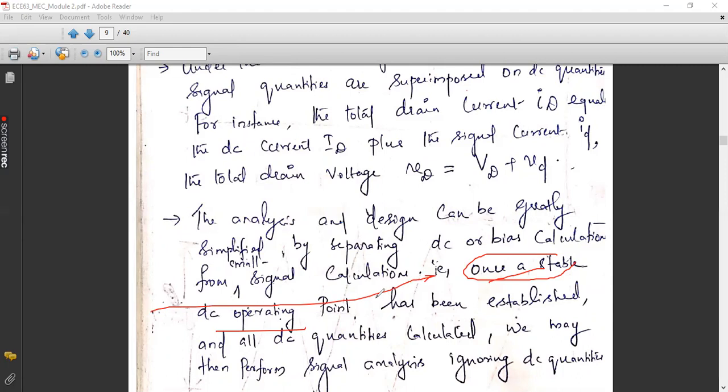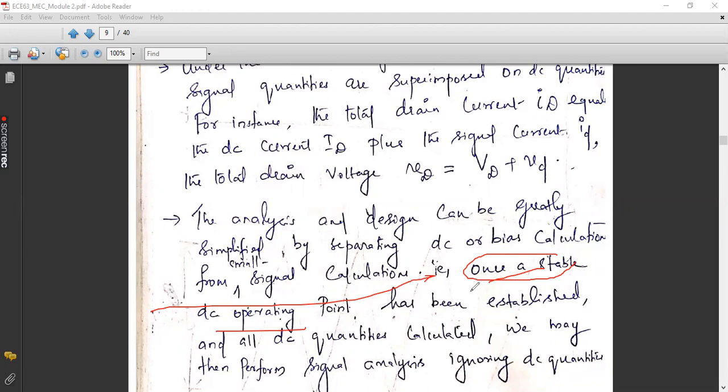So even though this Q point is shifting either towards the triode region or towards the cutoff region, still there should not be any distortions in the amplified output, right? So by considering that into account, we have to carefully fix this Q point and make it stable. That is, even though it is shifting after applying your AC input, it will not affect our overall output swing. So in that way, we have to fix it.